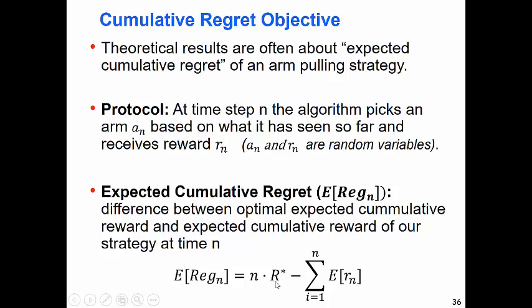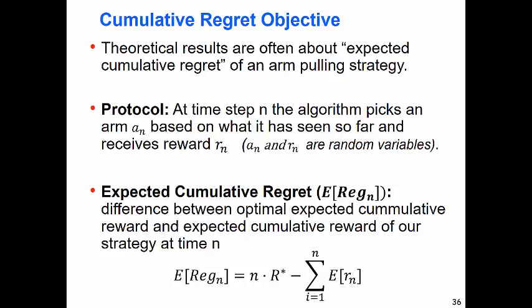And the regret is that minus the rewards of the arms that we actually pulled, the expected values of the rewards we're going to get at each time step. These quantities, this R_n variable, depend on the arm pulling strategy.